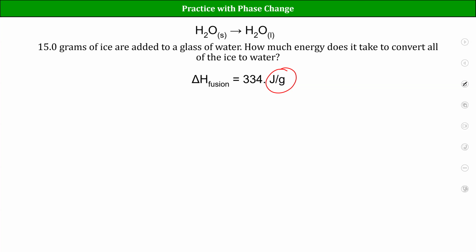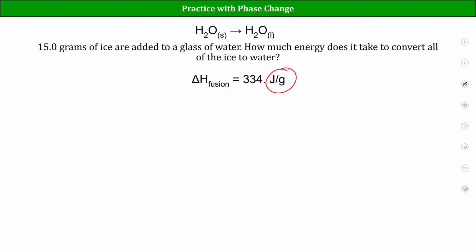Remember how we used density as a conversion because it was grams per cubic centimeter? We can do the same thing with energies. Anytime you've got an energy that's in energy per something, that's a conversion. So we actually don't need a whole other Q equation here. We're just going to use these energies like a conversion.